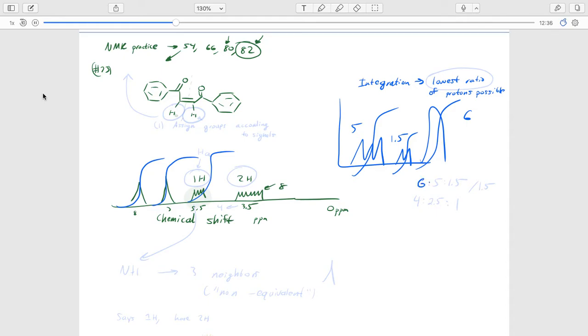So we go 6 to 5 to 1.5. If we get a ratio that has fractions in it, we basically have to multiply them all by a common factor so they're all whole numbers. I don't think he'll do that to you, but it's good to be aware of.